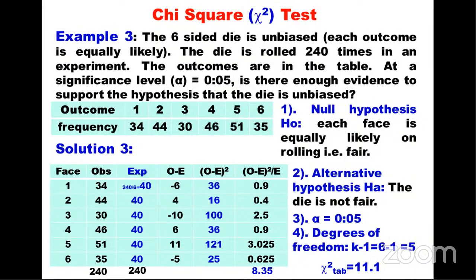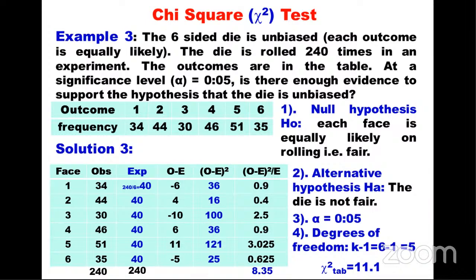At a significance level of 0.05, is there any evidence to support the hypothesis that the die is unbiased, whether it is biased or unbiased? Out of 240, the data are given. Face 1, 34 times, face 2, 44 times, and total 240.